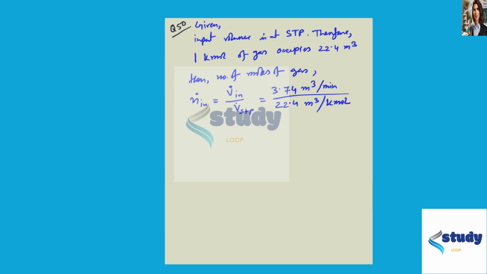Therefore, the number of moles of gas is 0.167 kilomole per minute. It means that each minute 0.167 kilomole gas is getting in.